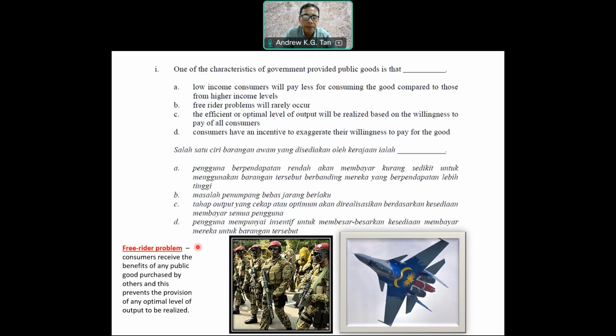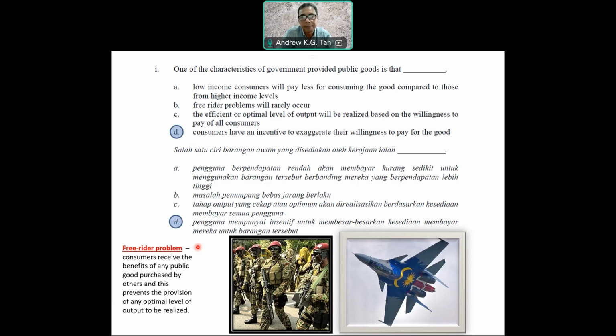Consumers receive the benefits of any public good purchased by others, and this will prevent the provision of any optimal level of output to be realized. Akan terdapat penumpang percuma. So here, consumers have an incentive to exaggerate their willingness to pay for the pure public good.